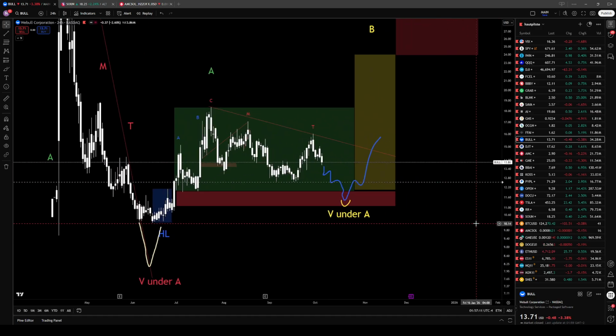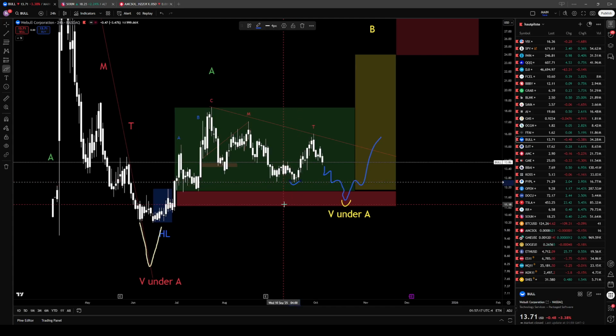The reason I said I broke my own rules: in my opinion, I thought perfect. In the small tracking, this would be our V, and we are ready to go, and this would have been our T. Even though I saw that we didn't do V under A. And that was the mistake.